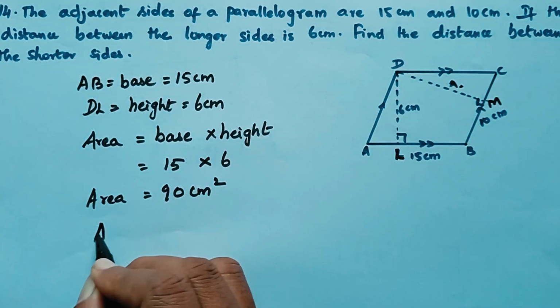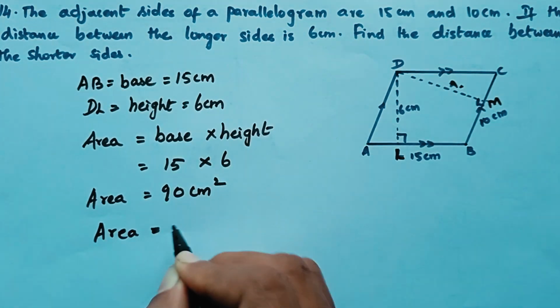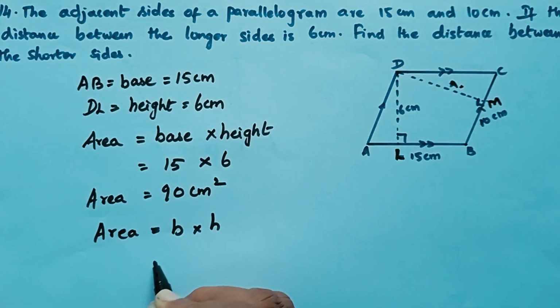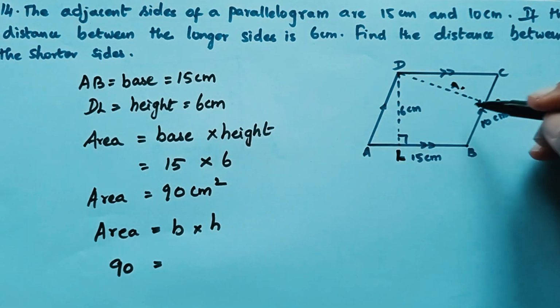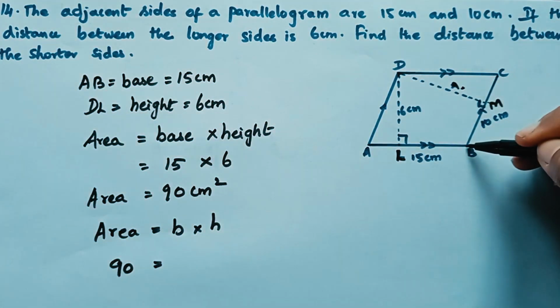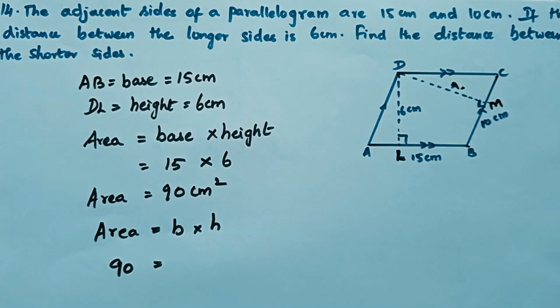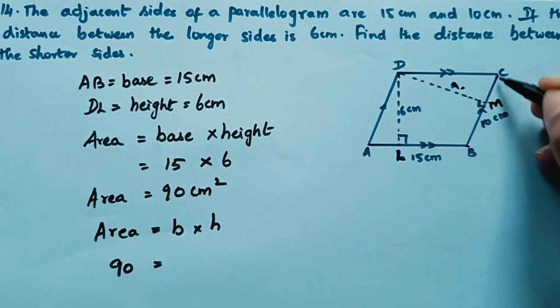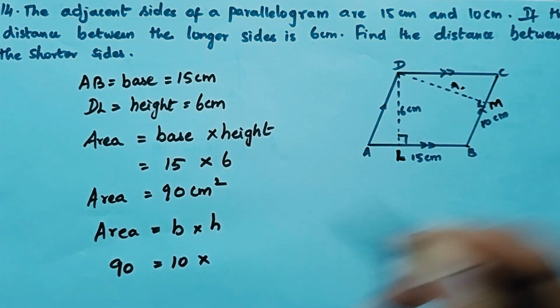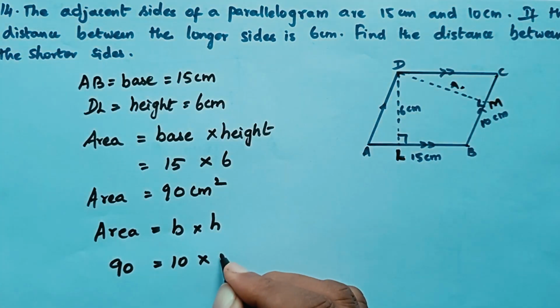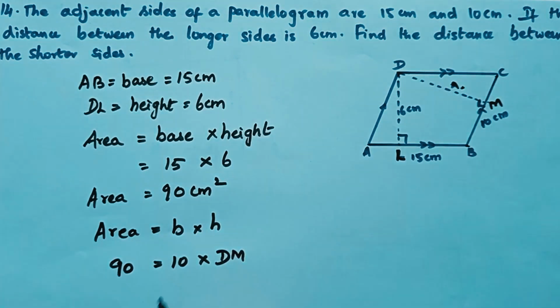So we know the formula: area of the parallelogram is equal to base into height. We know the area as 90, but this time for base and height we are going to substitute BC as the base. So 10 into height, which is DM, which we don't know.